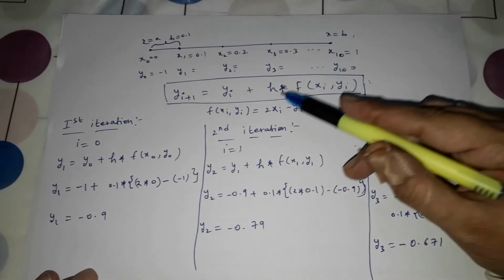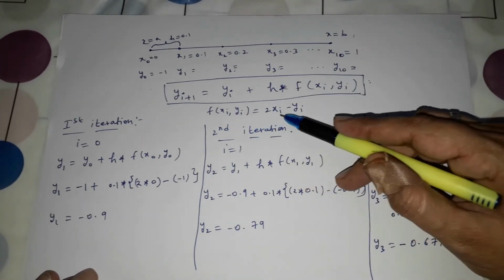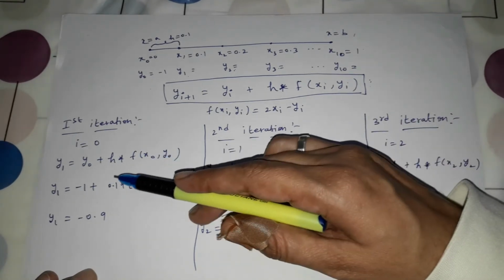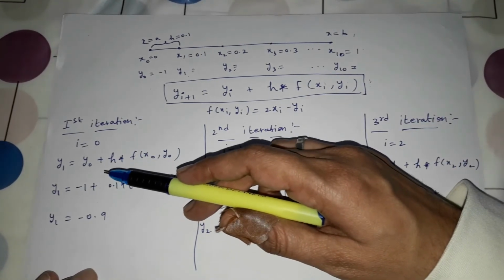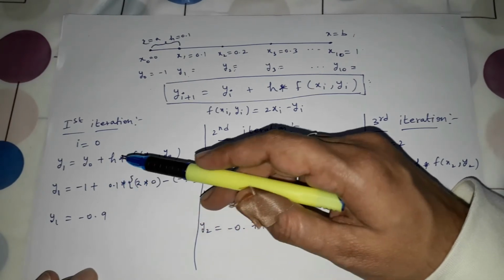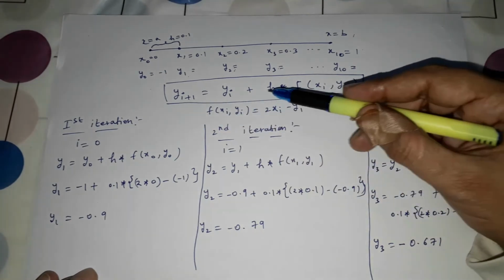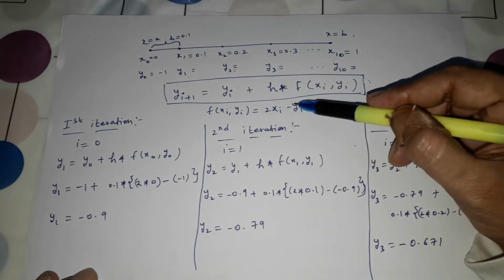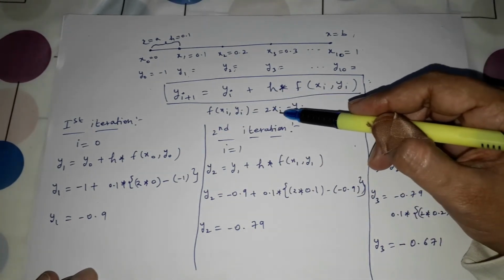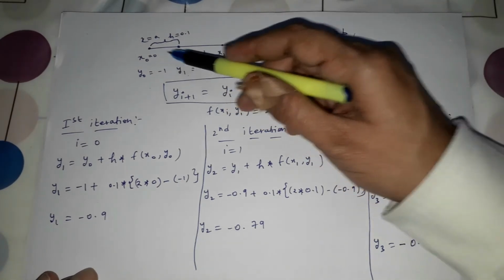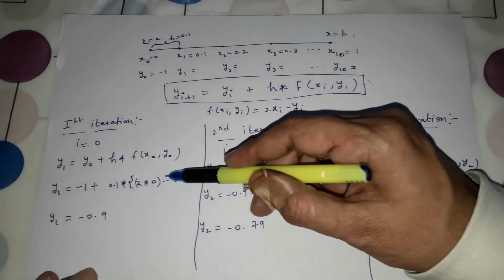Okay, f of xi comma yi is 2xi minus yi. So when I substitute all the values, y1 is equal to y0, which is minus 1, plus h, which is 0.1, times f of x comma y, which is 2xi minus yi. So i is 0, so x0 is 0, so 2 times 0 is 0.